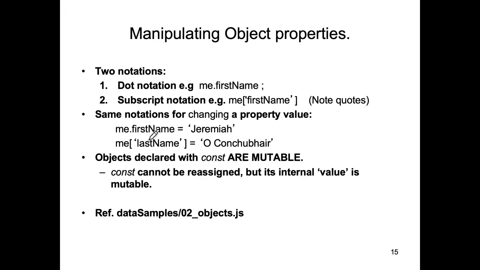Similarly here, but in this case, I'm deciding to use the subscript notation to change the value associated with a key. Apologies if you don't have Gaelic as part of your language. O'Cruhur is the Gaelic for my name, O'Connor. I should have made it something else really, but anyway. So it's the same dot notation, subscript notation, whether you want to refer to a particular value or change a value.